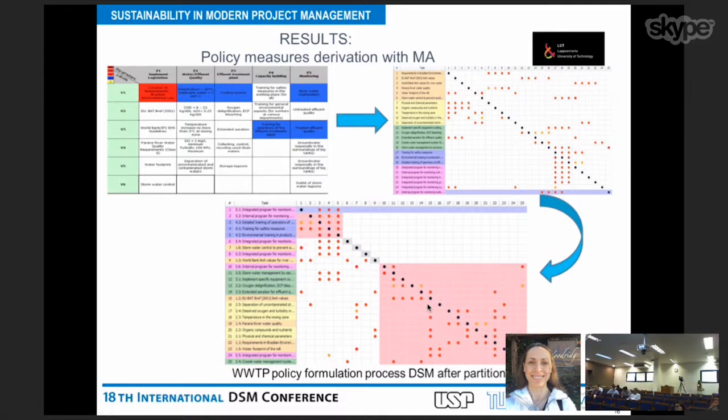But we have to deal with these biggest coupled blocks, which we still consider complex, and we have to see how to minimize the time and risk in terms of the implementation.